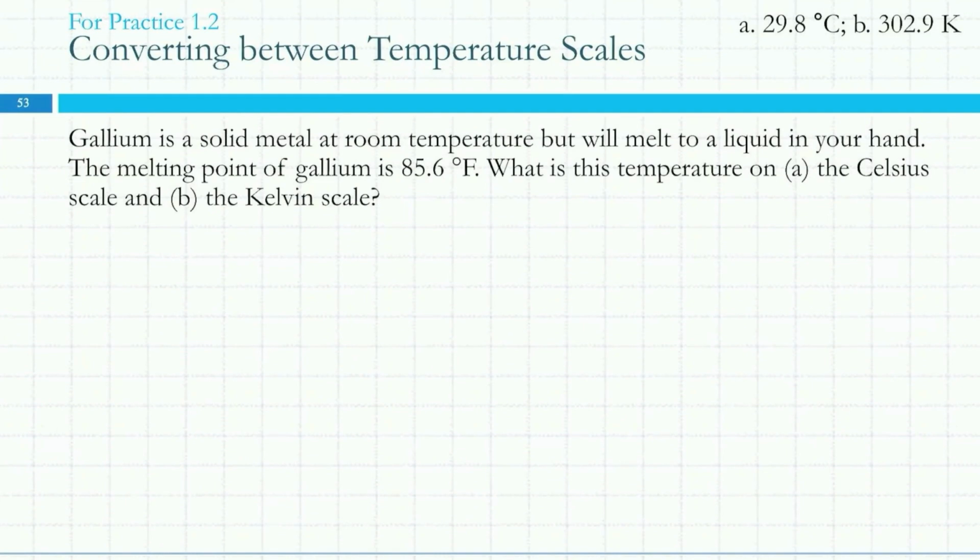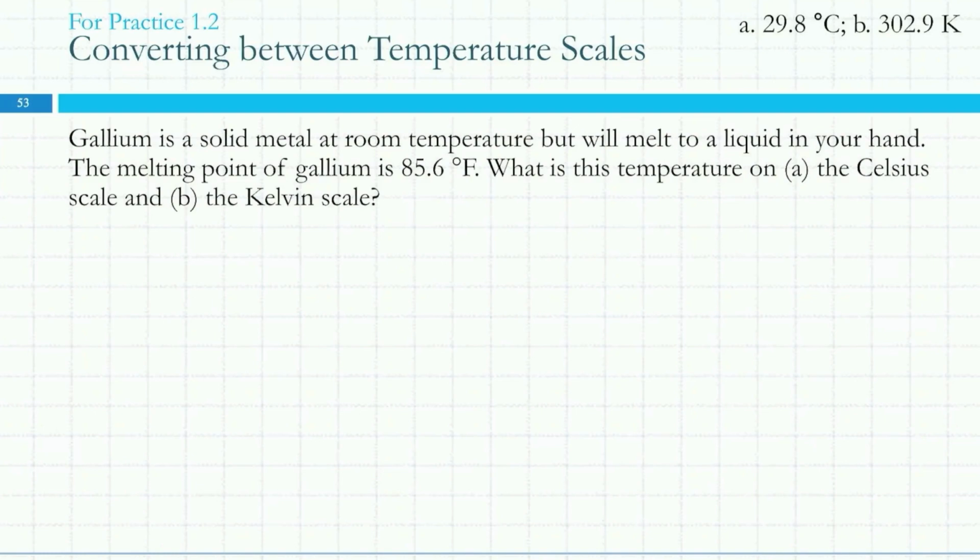Okay, so just very quickly, because these are just formulas. So gallium, solid metal at room temperature, but melts to a liquid in your hand. The opposite of M&Ms. The slogan for M&Ms, melts in your mouth, not in your hand. Yeah. Apparently not. The melting point of gallium is 85.6 degrees Fahrenheit. What's this temperature on the Celsius scale?